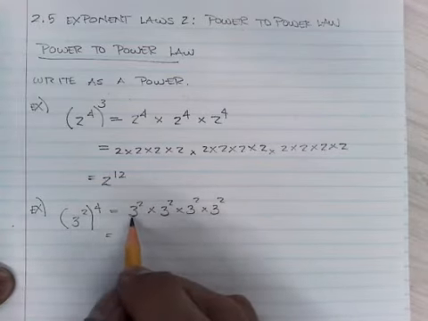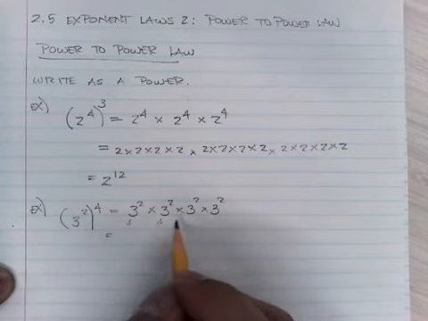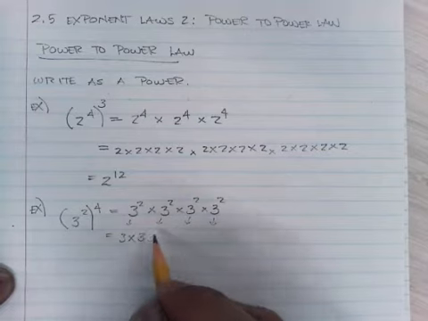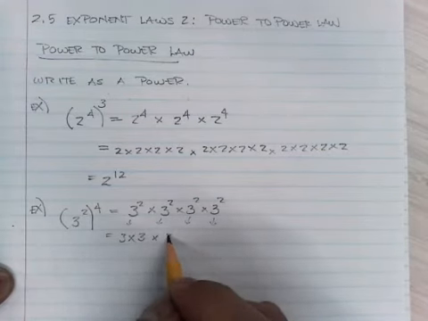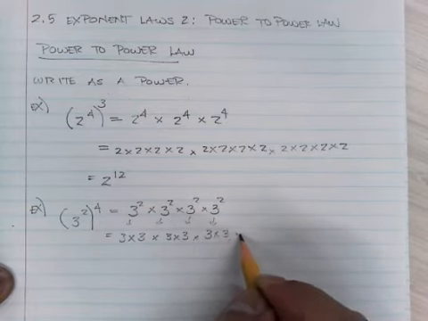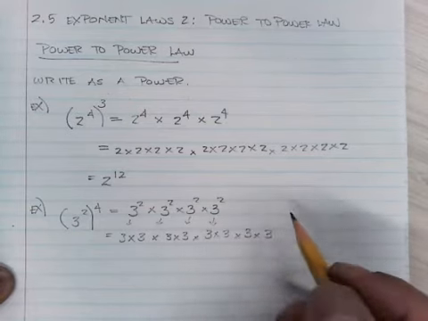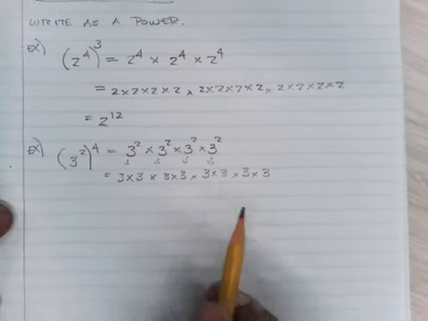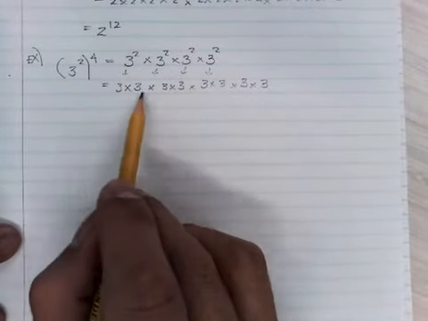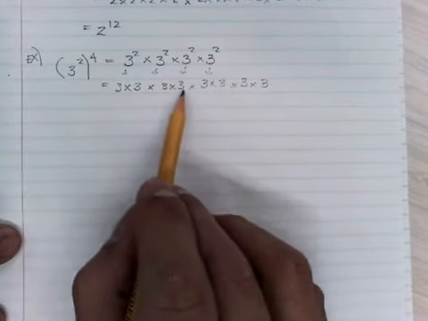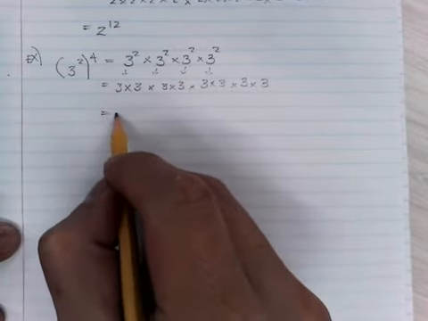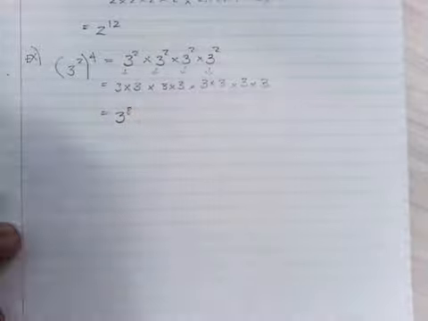Then I'm going to further split these up into their repeated multiplication, as in 3 times 3 times 3 times 3 times 3 times 3 times 3 times 3. Wow, okay. So how many 3's did we multiply all together? 2, 4, 6, 8. So rewriting this as a power, this is 3 to the 8.